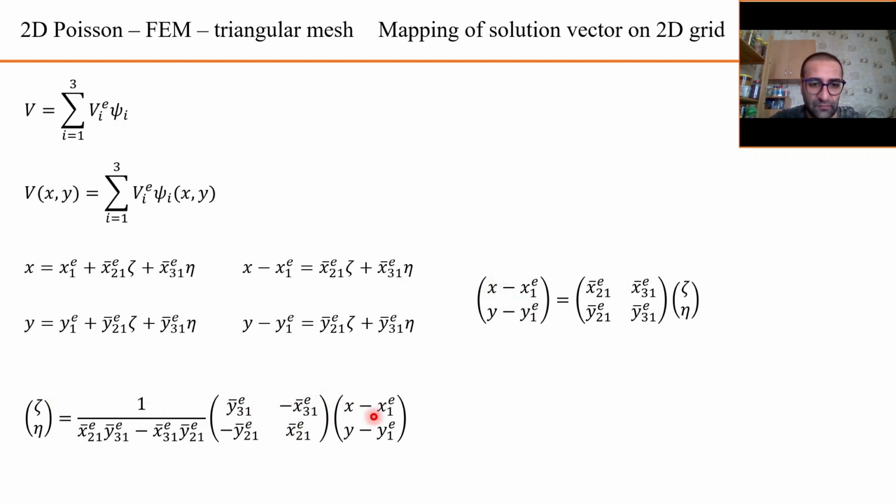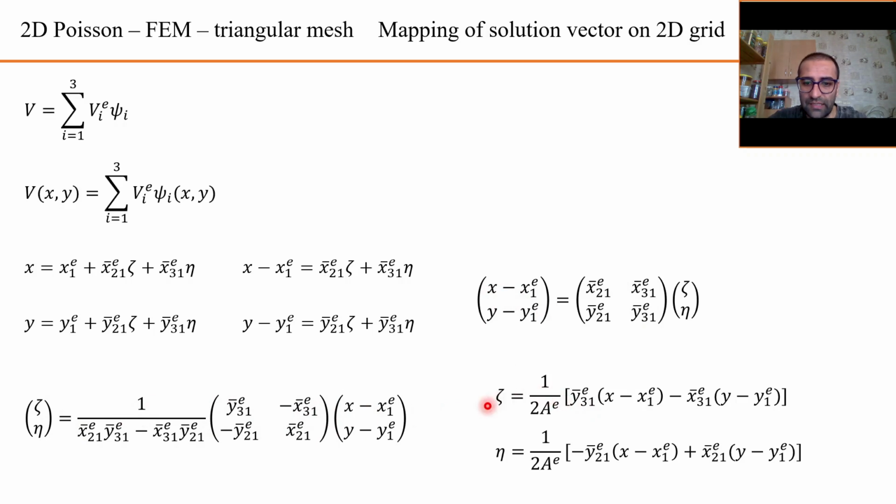And you see that we have an explicit relation of zeta as a function of x and y. This multiplication gives us this term, and this multiplication gives this term, and this is nothing but again 2 times the area of the element.